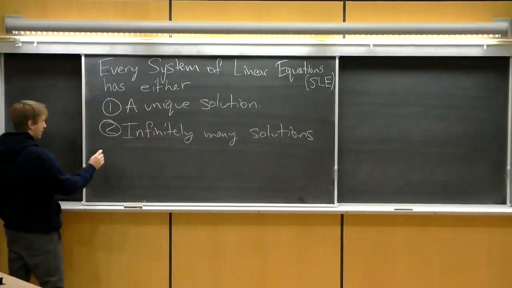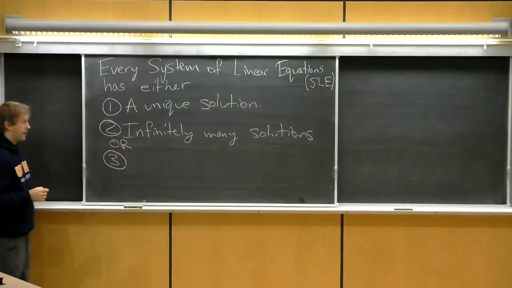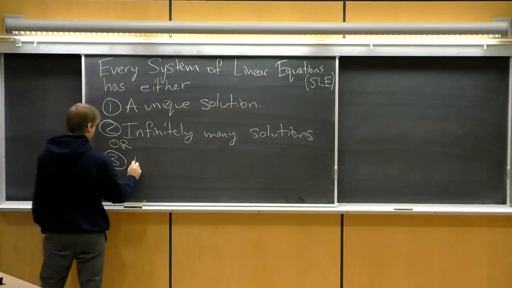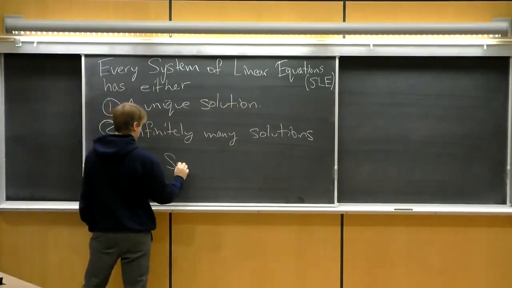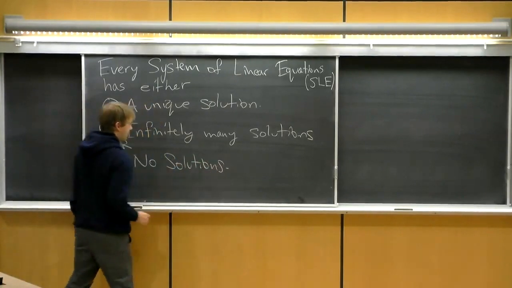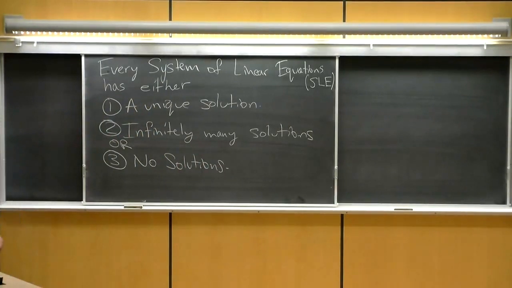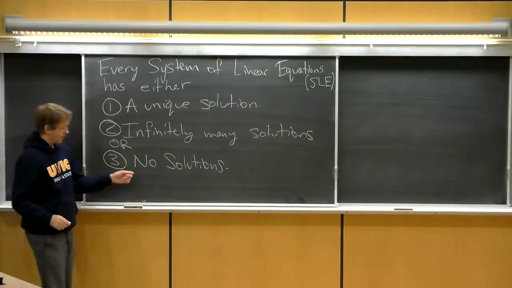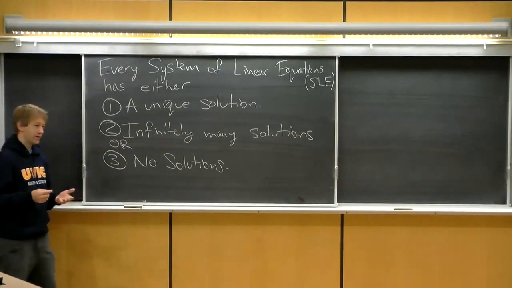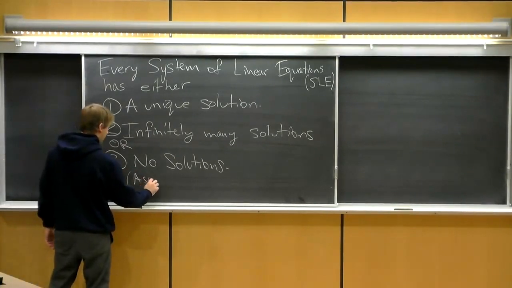And the third possibility is that it could have no solutions. When it has no solutions, there's a name for this. A system with no solutions is said to be inconsistent.